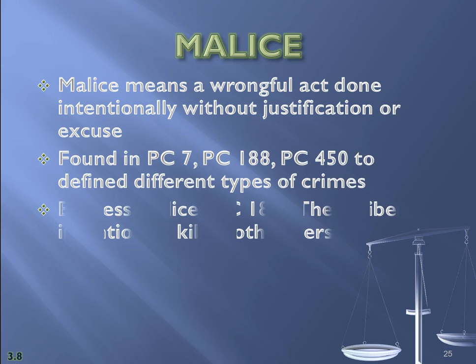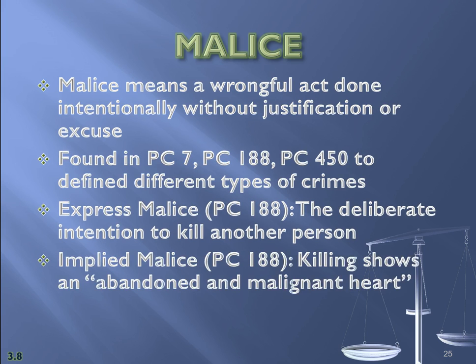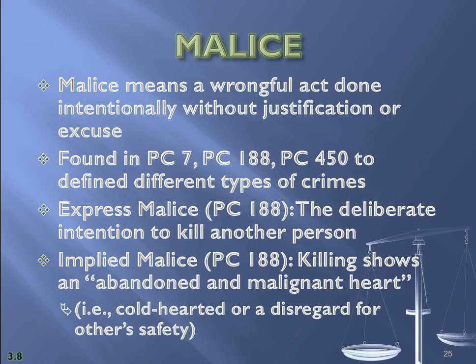So then finally, as we start to finish up here, we're getting close. We'll talk about malice. Malice means a wrongful act done intentionally without justification. It's found in Penal Code 7, Penal Code 188, Penal Code 450 to define different types of crimes. Now, there are two types of malice.